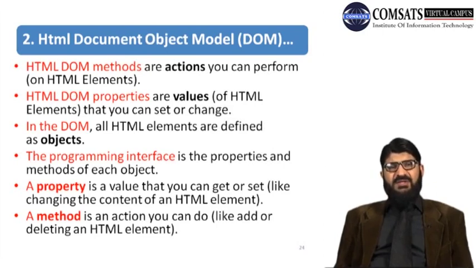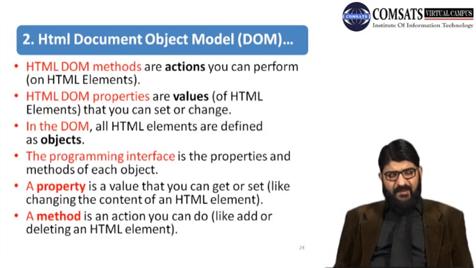Second one is the HTML DOM properties. The DOM properties are basically values. You can change or you can set them. In all the HTML elements, objects are defined. The programming interface is basically the properties and methods of each object.